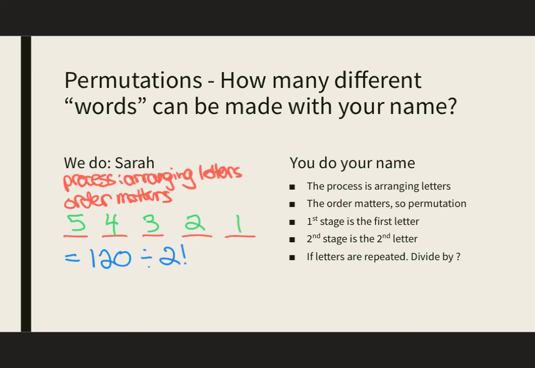There would still be 5 times 4 times 3 times 2 times 1. But then we would divide by 3 factorial. And again, I think the best way to see it is when you write it out. So if you can actually write that out, you could do that with your own name though. So try to do it with your own name. But for a name like Jonah, you don't have any duplicates, so it's going to just be 5 times 4 times 3 times 2 times 1. Okay.